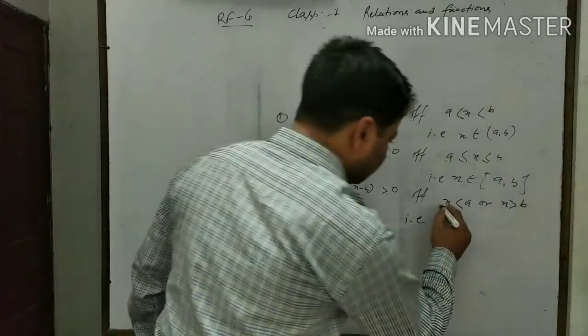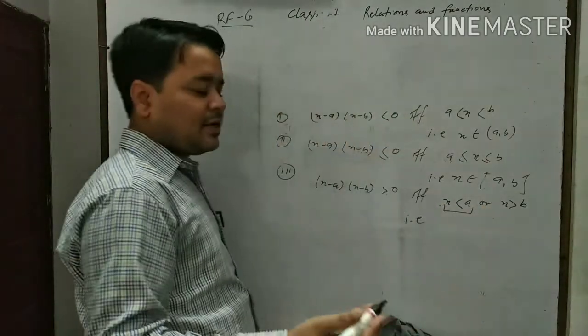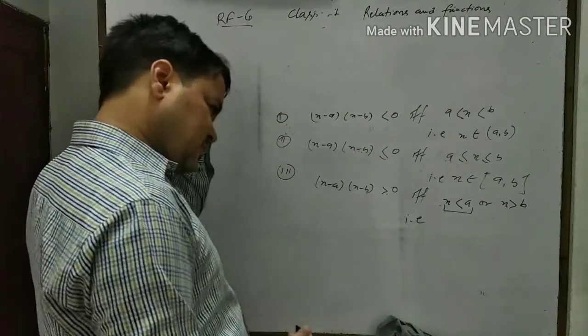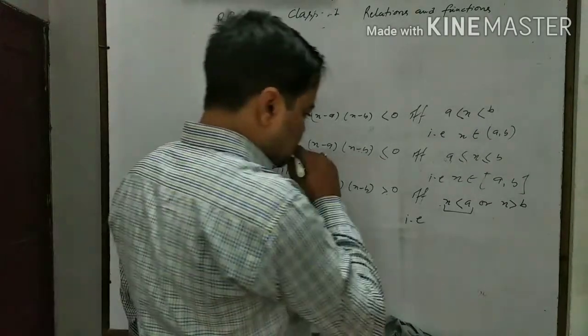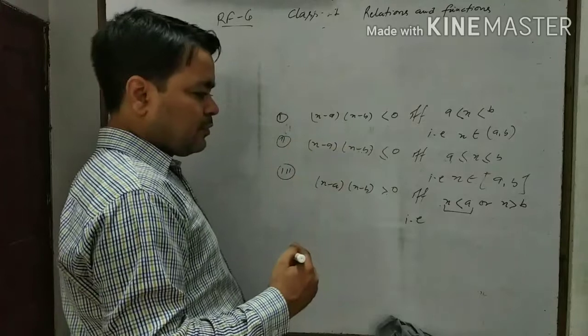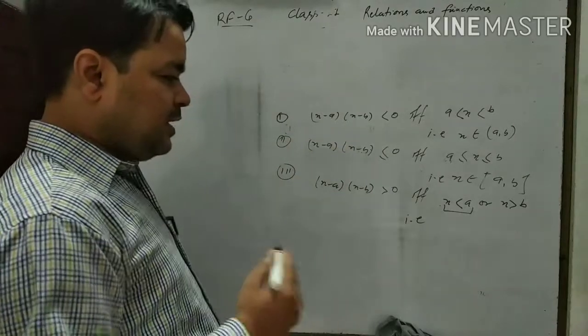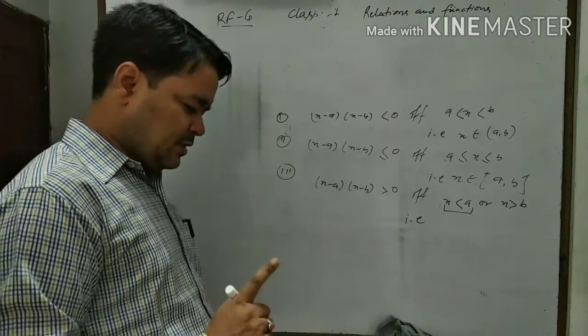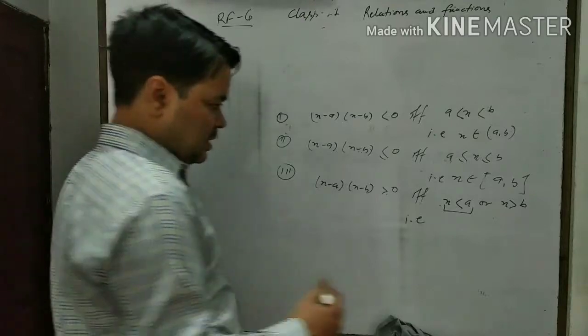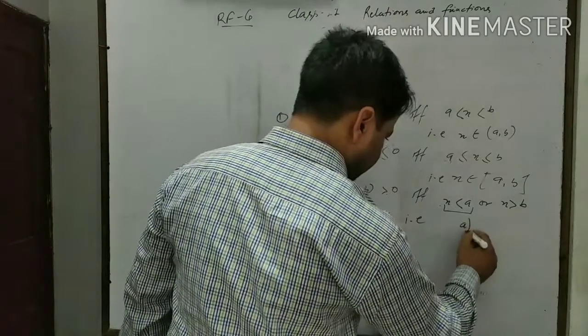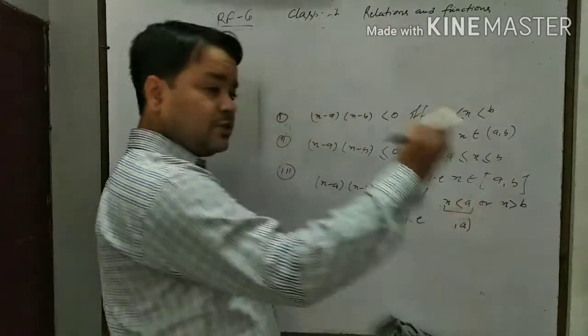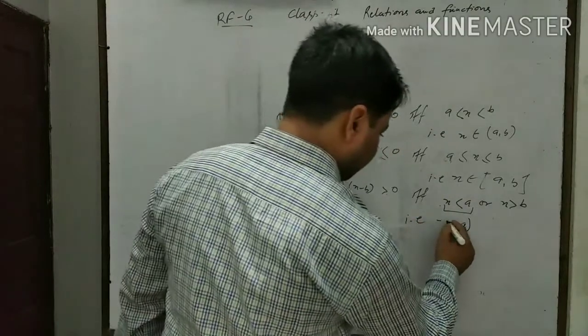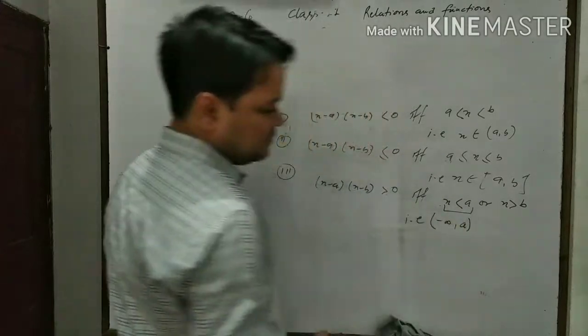So x is less than a means what? It means all values less than a but not a. A is also not included, so it will be negative infinity up to a.